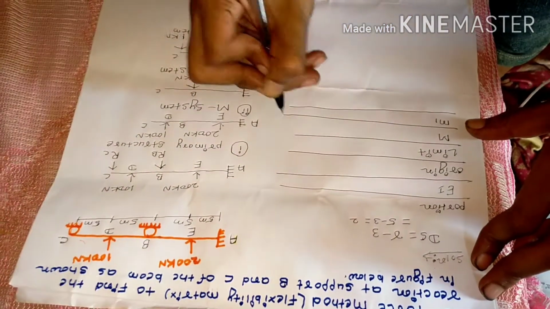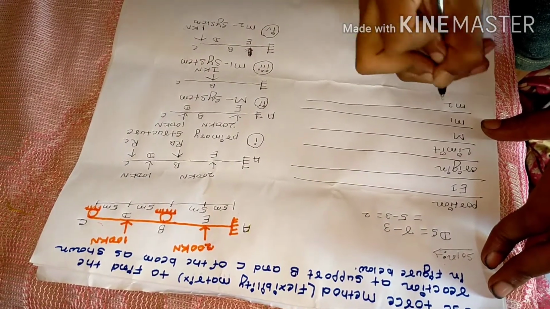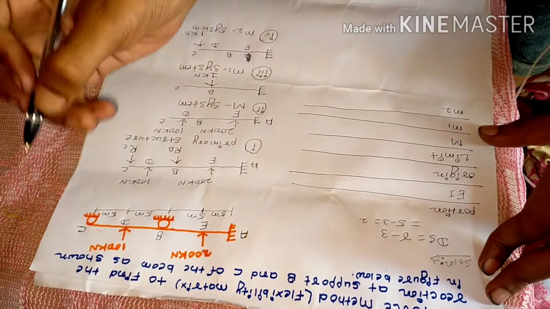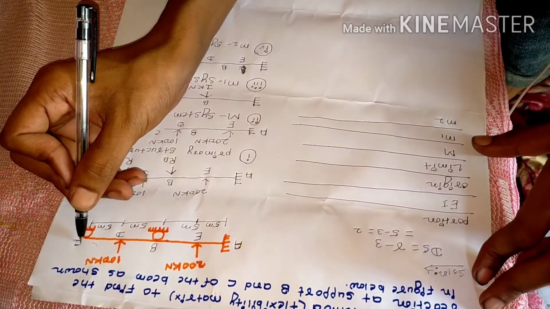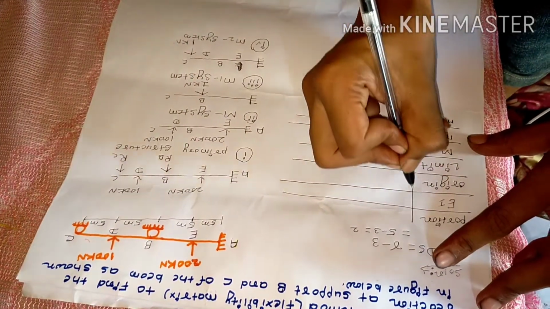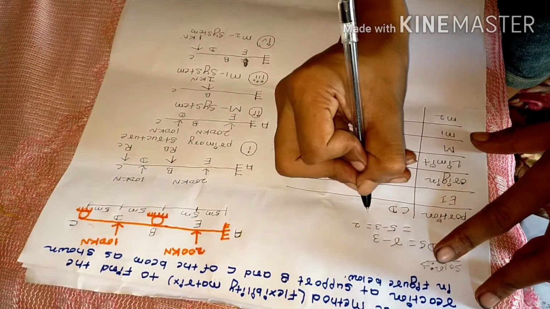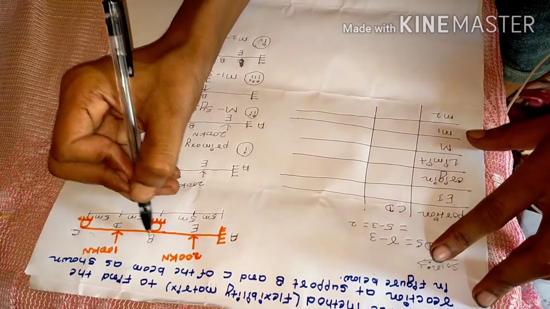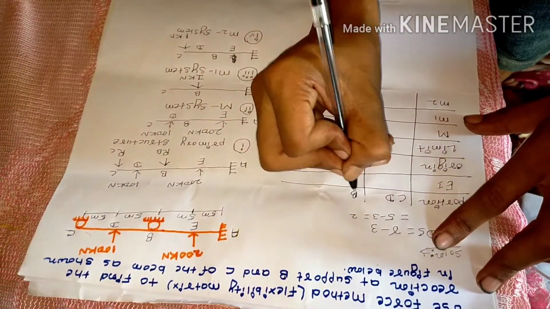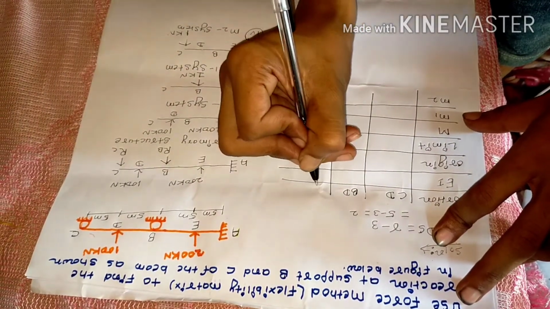Next, the M2 system. In the figure, we can see our very first portion is CD. So let us write CD. Next, let us write the portions: BD, BE.